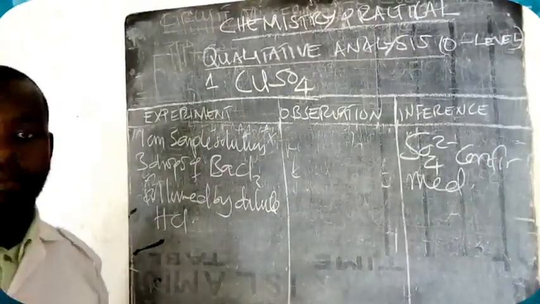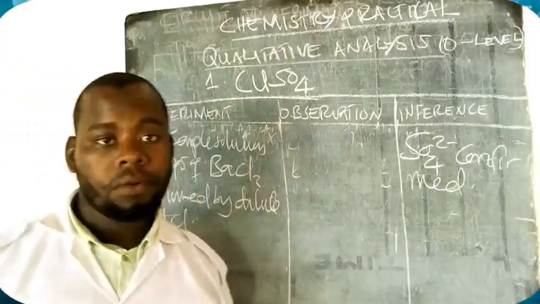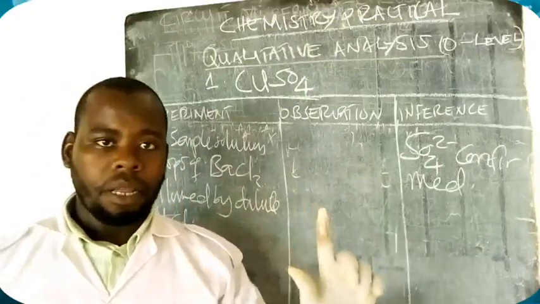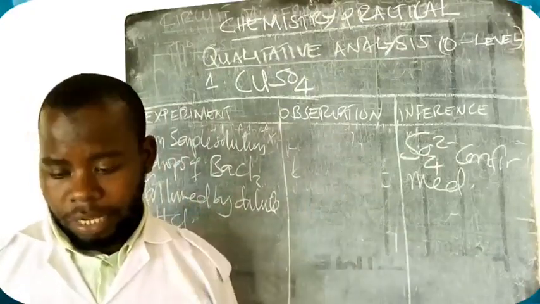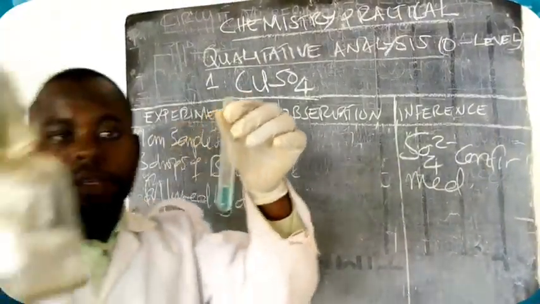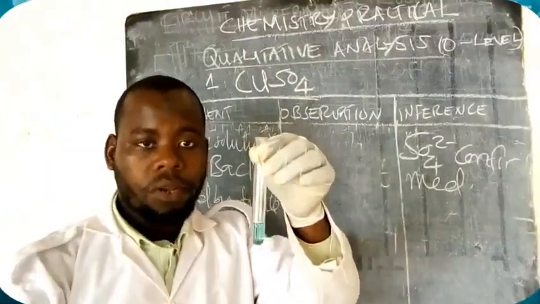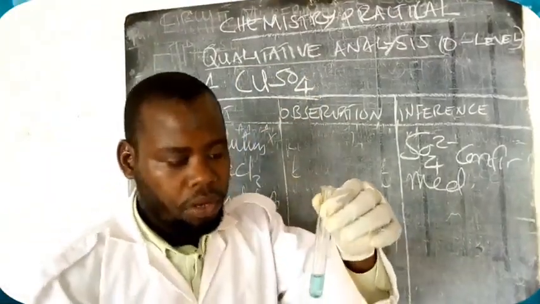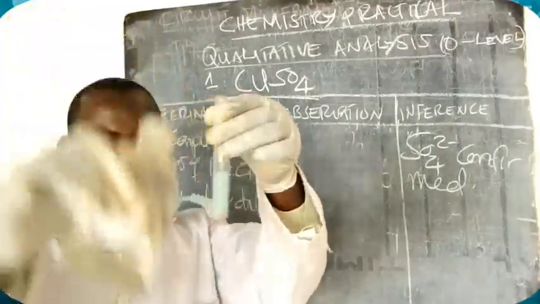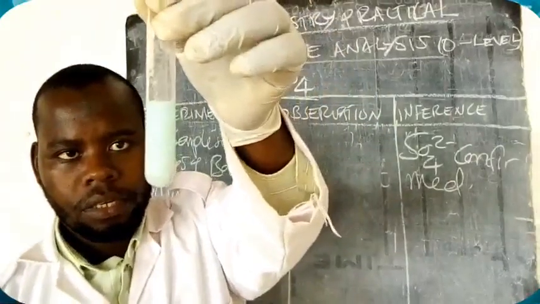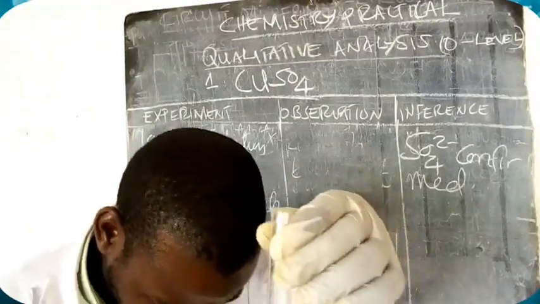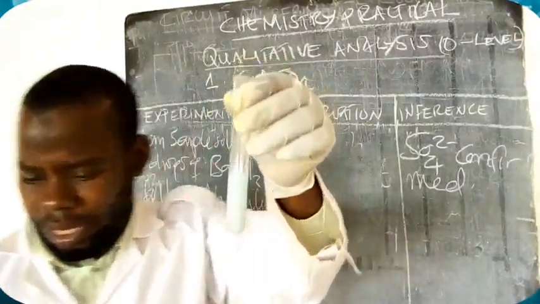When you want to confirm the sulphate ion, we use barium chloride and hydrochloric acid, or barium nitrate and nitric acid. This is our sample solution, and we are going to confirm using barium chloride and hydrochloric acid. So we start with barium chloride. You see the observation: a white PPT, white precipitate, insoluble in dilute hydrochloric acid.